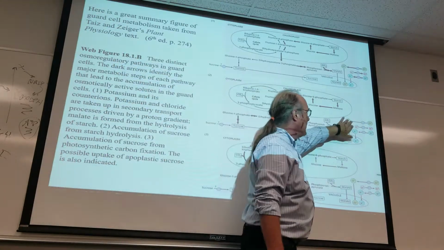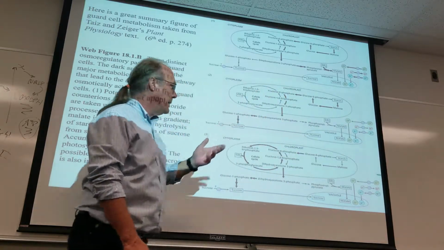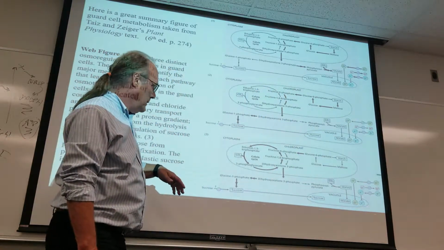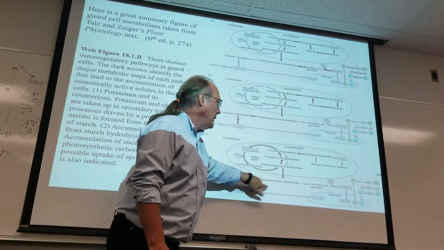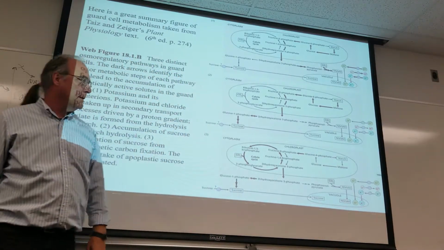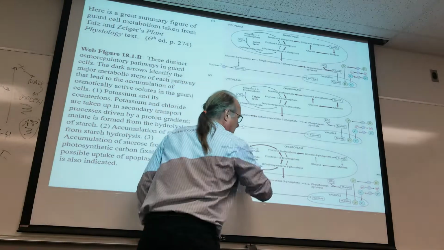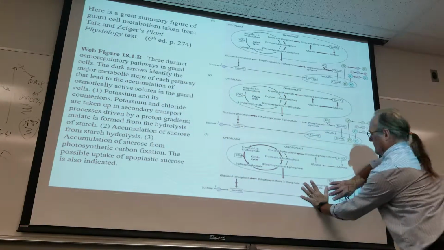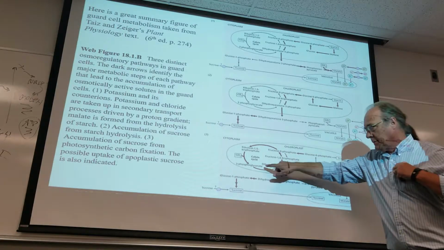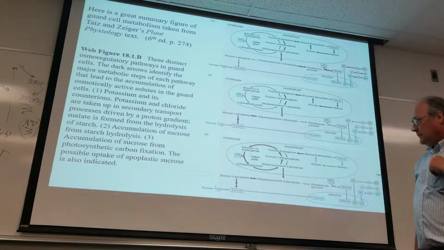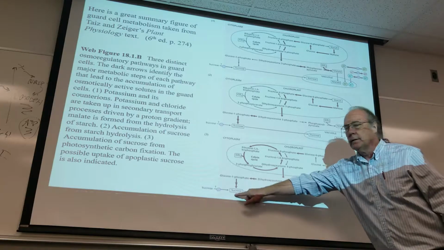Also changes, just like chloride and potassium. On the other hand, this sucrose inside the guard cell likely comes from current photosynthesis. This is what a lot of cells do, this part, without this stuff on it. This is the Calvin cycle, and this is sucrose synthesis.